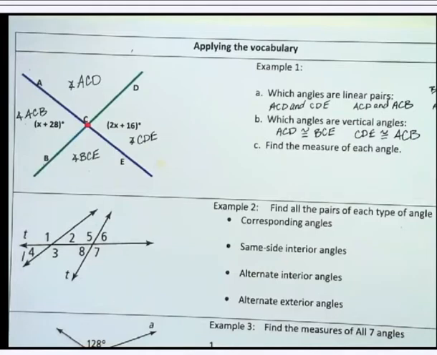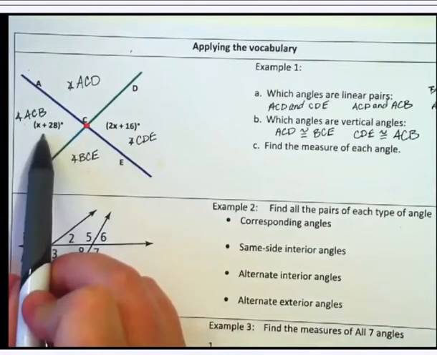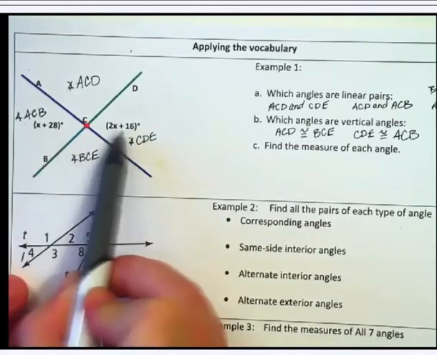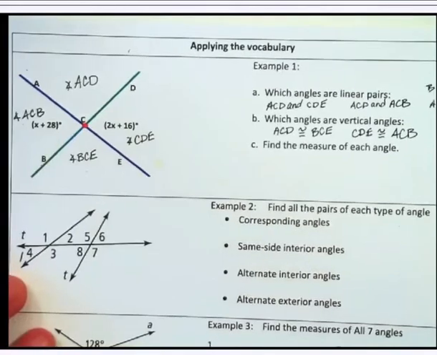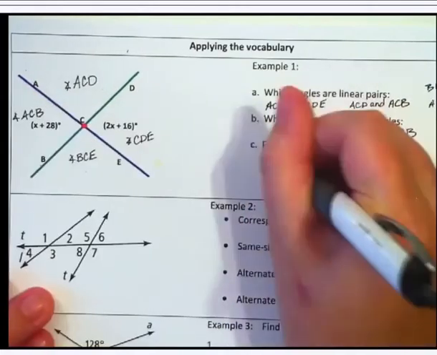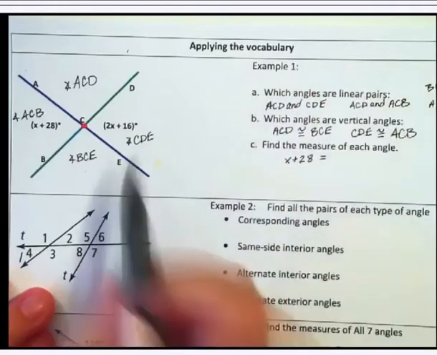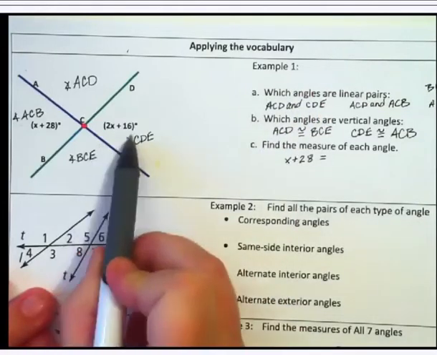We're going to do this using our definition of vertical angles. Vertical angles tell me that these two are congruent to one another. So here's what I'll do. Congruent means that they're equal. So take x plus 28 and set that equal to 2x plus 16.